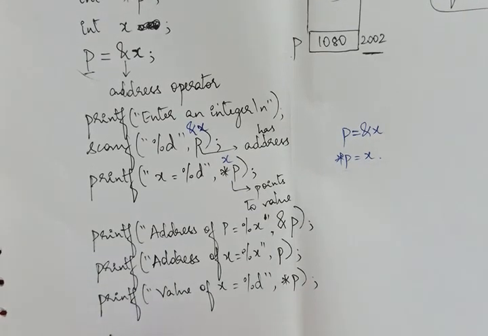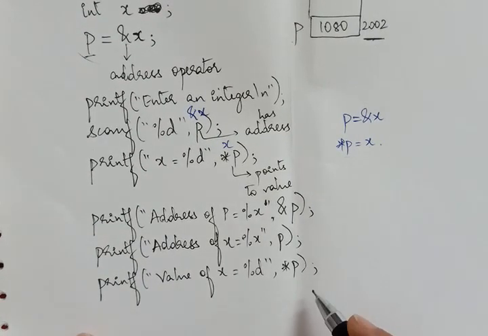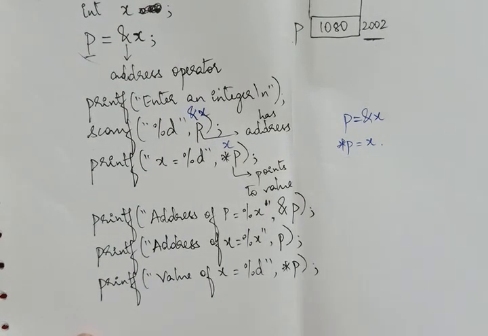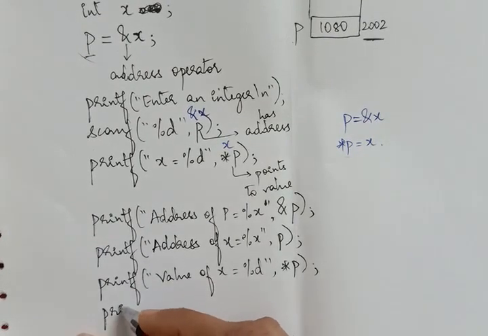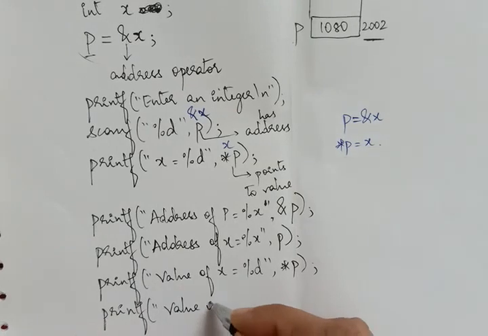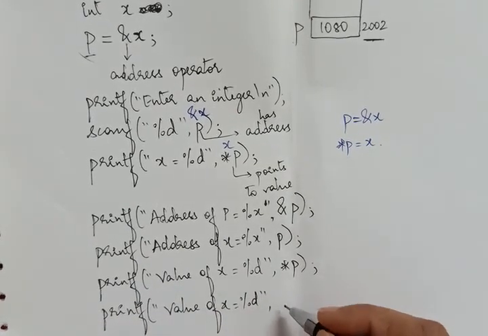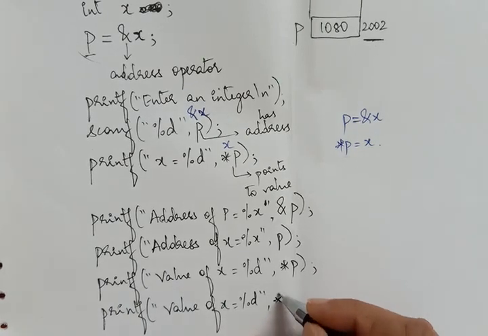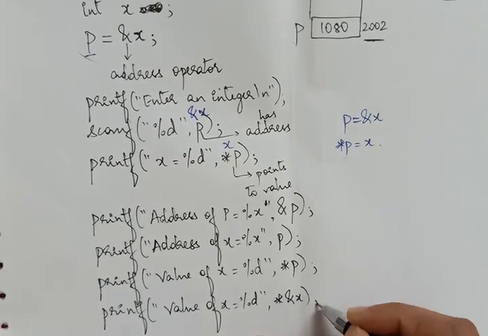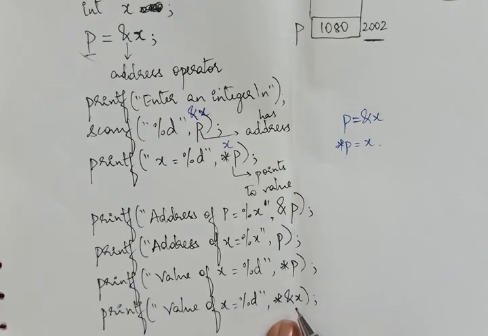Okay. Next, if at all you want to print the same value, now printf value of X the other way. If at all I give like this, tell me what's going to come. I've given star ampersand X. I've not used P here.